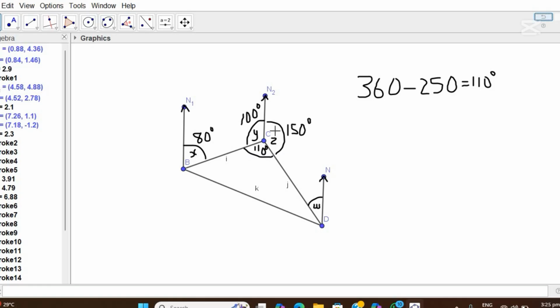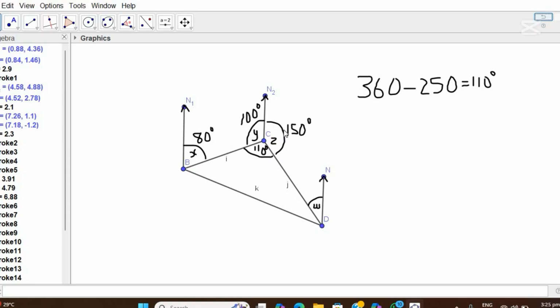Notice I'm going around this point right here. I'm turning around the point, and I go all the way around until I get to the line. And this road here is the one that would have taken me down to D, so I stop on that line. So the bearing of B from C would have been the 150 here plus another 110 turn.